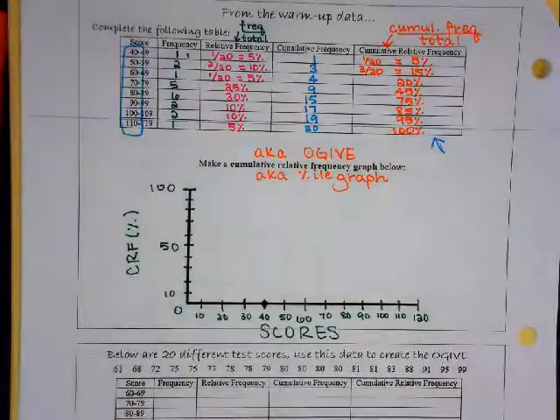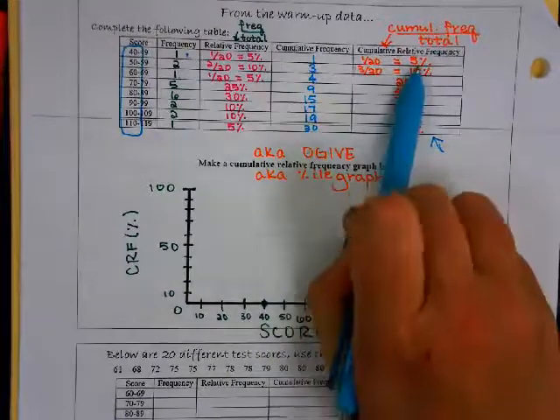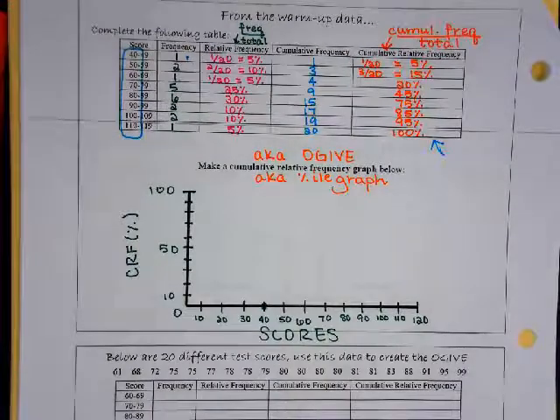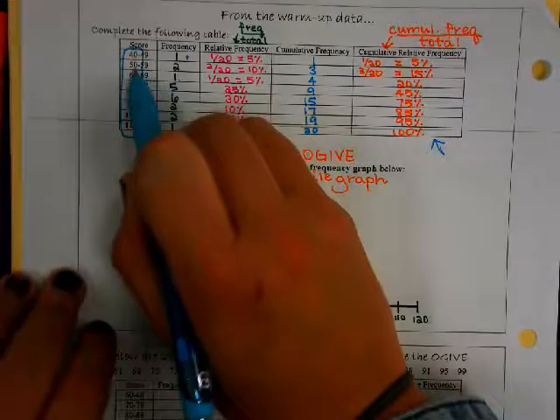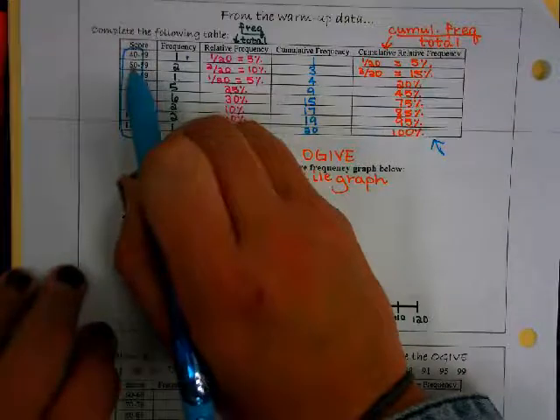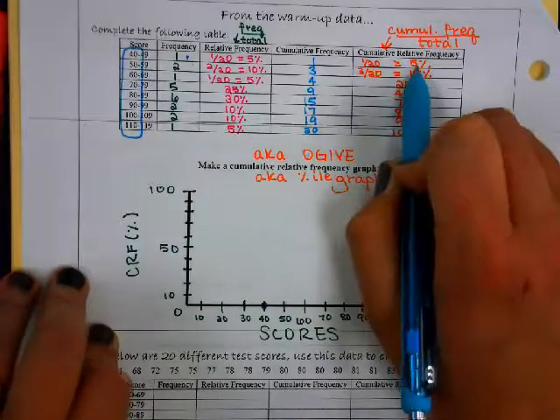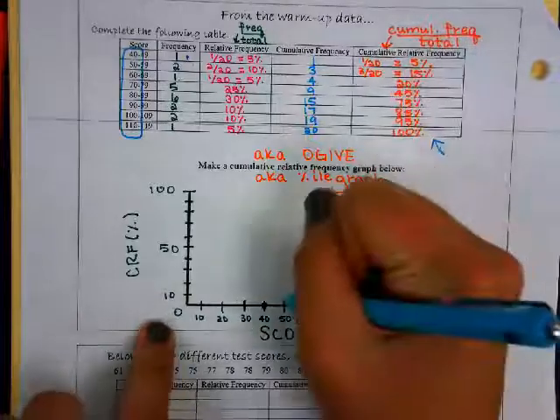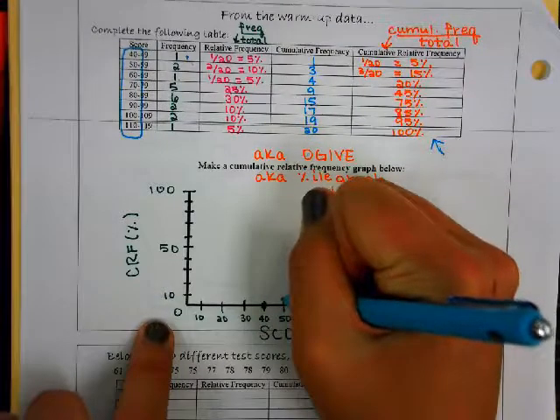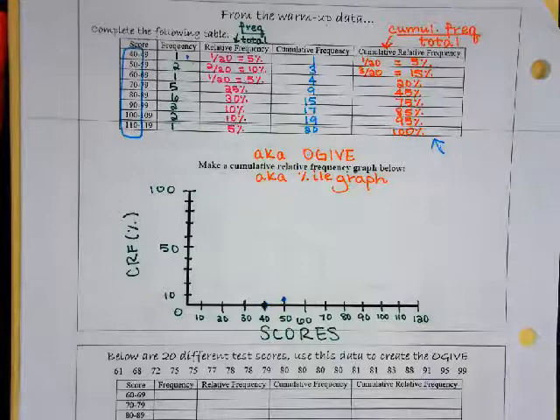Don't start at 5%. And that's the thing that always throws kids off with these. Then 50, by the time I've reached a score of 50, 5% of the scores have happened. So at 50, I want to be up at 5%. And that's what I mean by staggering.